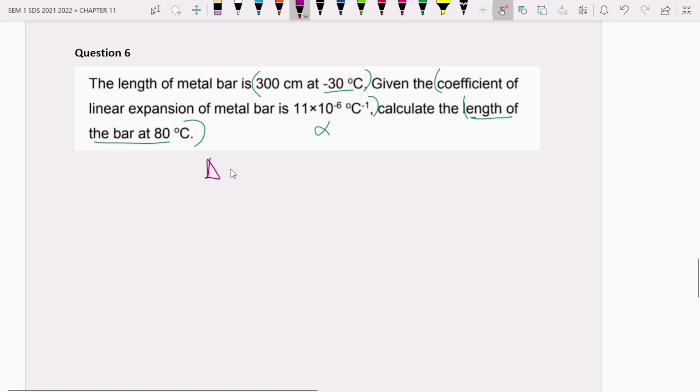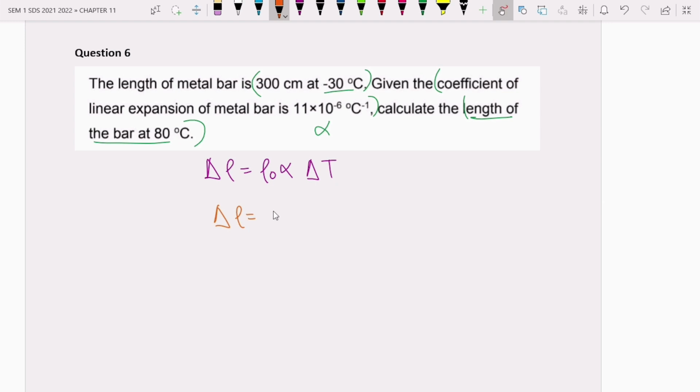Alright, we know the change in length equals the initial length times the coefficient of linear expansion times the change in temperature. So let's look for the change in length.